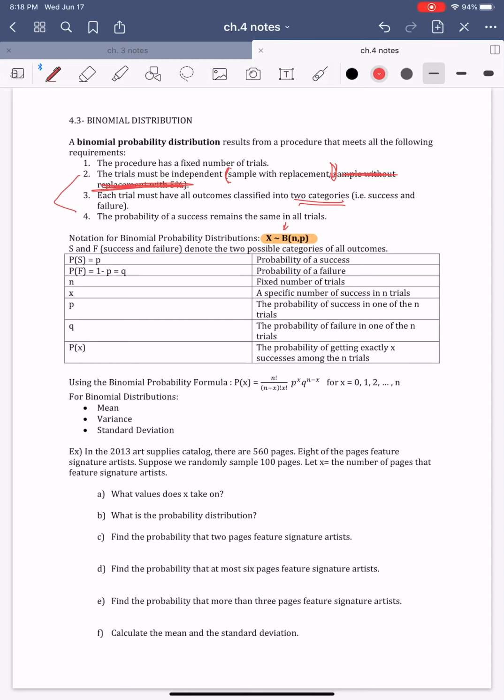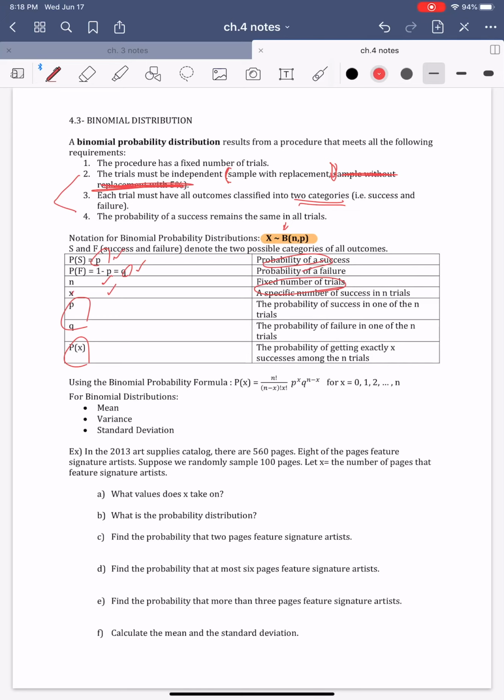N represents the fixed number of trials, p represents the probability of success. Because we have a success, the other one is a failure, so we use letter q. And then x represents the specific number of successes in trials.